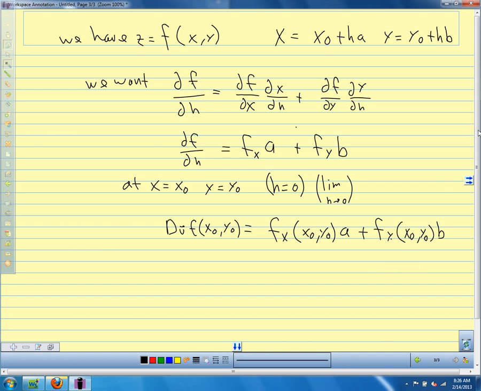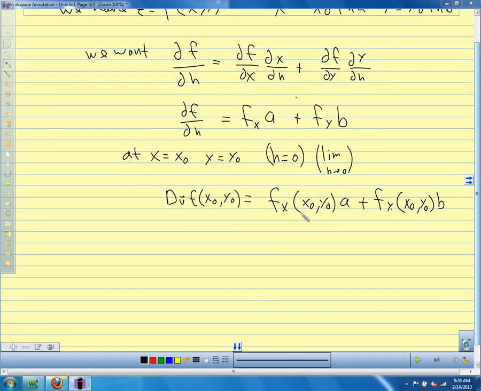So this is the formula that we're going to use to calculate our directional derivative. It just involves partial derivatives and our components of our unit vector. And again, let's look at the form of this. Anybody just looking at this, what does this look like? We have a partial with respect to x, something that involves the x direction, times the x component of a vector, plus a partial derivative with respect to y, something that involves y, times the y component of the vector.